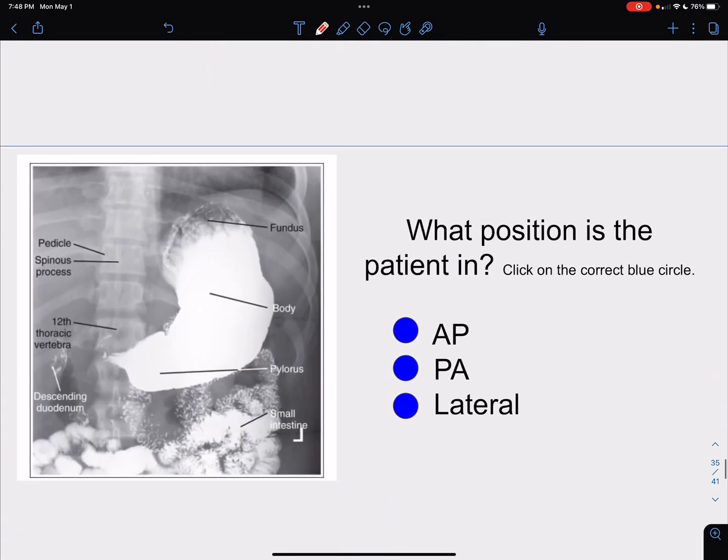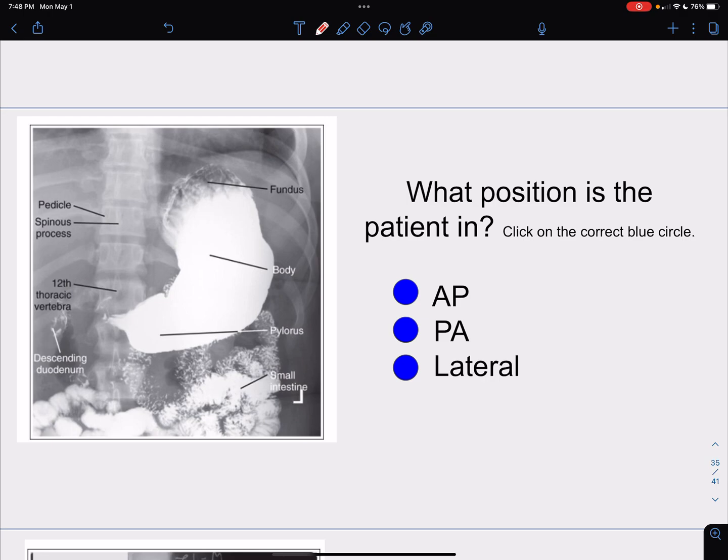Looking at this particular patient, what position is this patient in? If you're looking at the PowerPoint, you can actually click on these and it works, but this isn't, anyways. Okay, so we've got air in the fundus. We know that the patient's spinous processes are meant to be down the middle, so we know that this is either AP or PA.